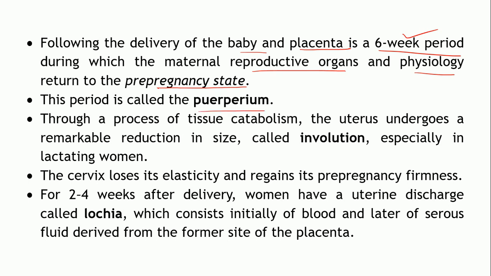The uterus also undergoes remarkable reduction in size, known as involution, due to tissue catabolism. The cervix, which was more stretchable, regains its pre-pregnancy firmness. For roundabout 2 to 4 weeks after delivery, there is a uterine discharge known as lochia. It initially contains blood and later serous fluids from the site where the placenta was attached.